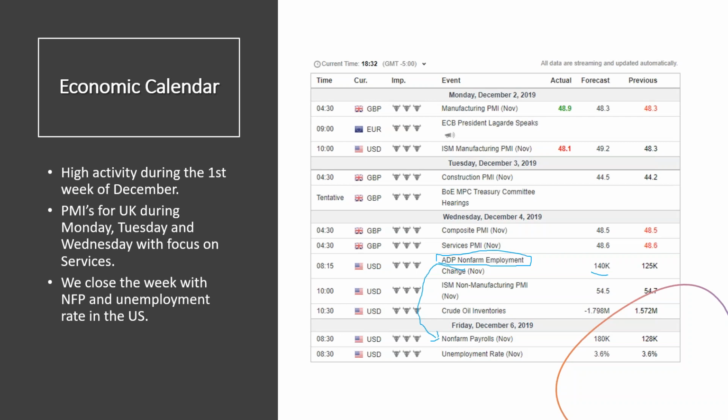That means that all the people who are studying this, all the experts, agree that the most probable number for this indicator will be 140. That is consensus. And the market, we are talking about the American market, but it will affect the global market in general. We will see in the next slide why.